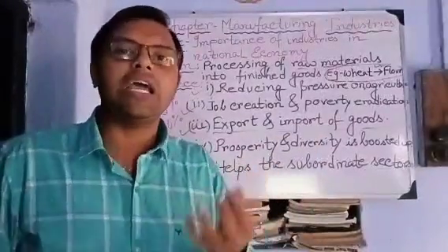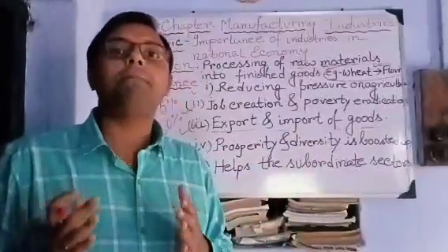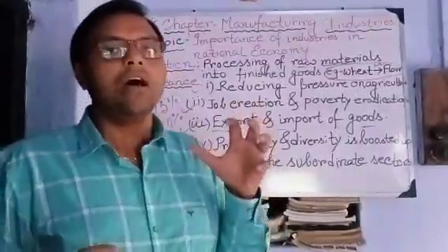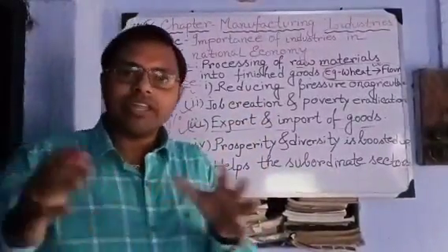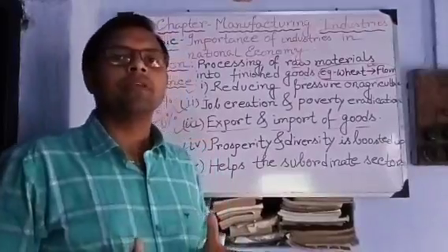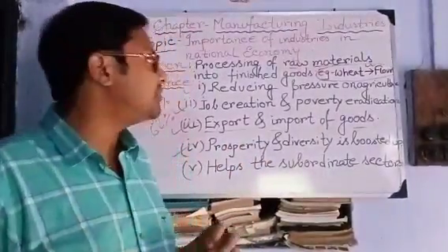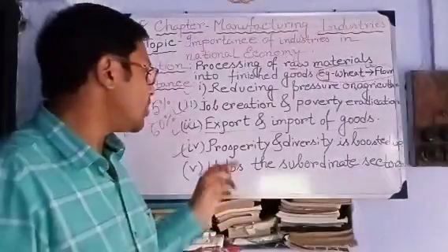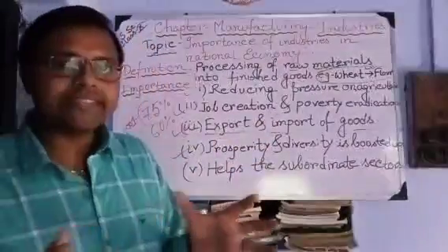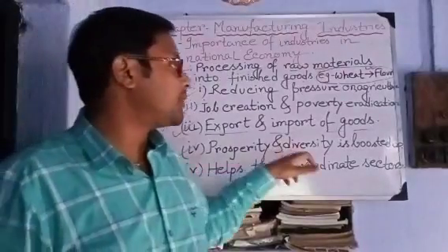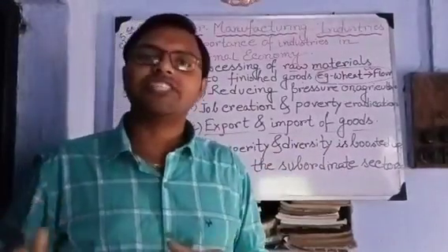That is why the iron and steel industry is also called the backbone of India. Why? Because it has great importance on various sectors of the Indian economy. So the increase of manufacturing industry helps to boost up the prosperity and diversity of the national economy of countries like India.